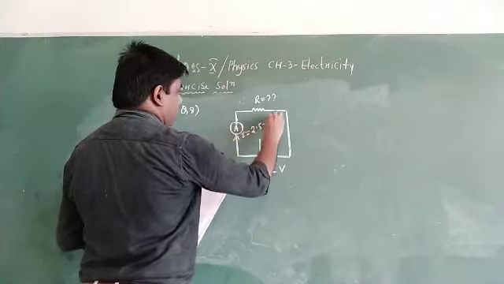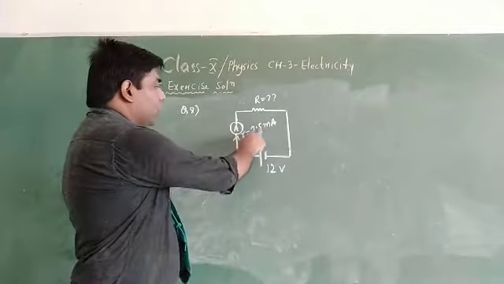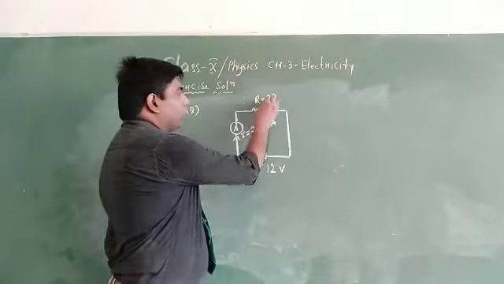A battery of 12 volt is connected to a resistance. They have not given the value of resistance, but the current is how much? 2.5 milliampere. They are asking to find R.